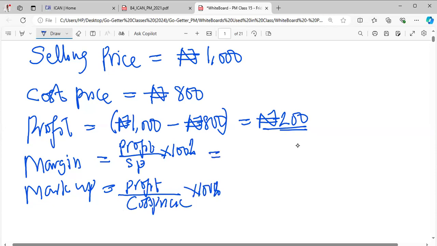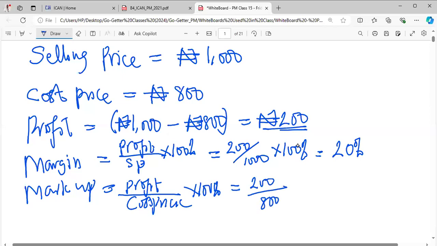So if we say profit margin, this is the same thing as saying 200 over 1,000 times 100%, which gives you 20% profit margin. For markup, this is 200 all over 800 times 100%.